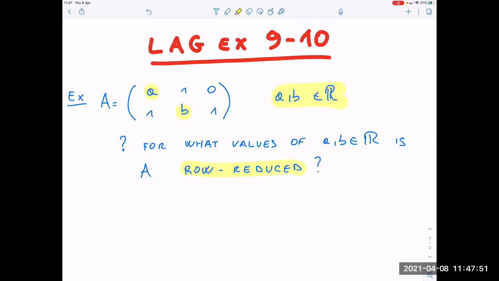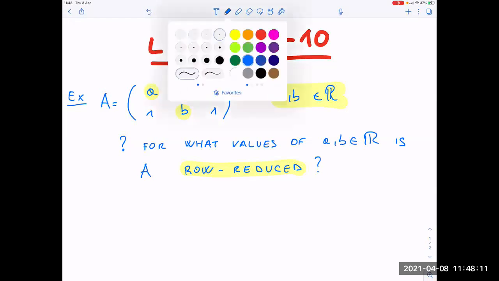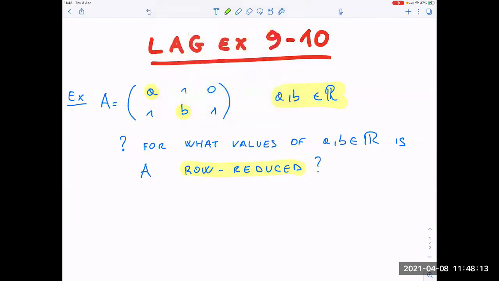For this kind of question, we want to study row reduced. So we have our properties M1, M2, M3 that we want to focus on. This means that we need to look for markers. So let's start the marker identification process.